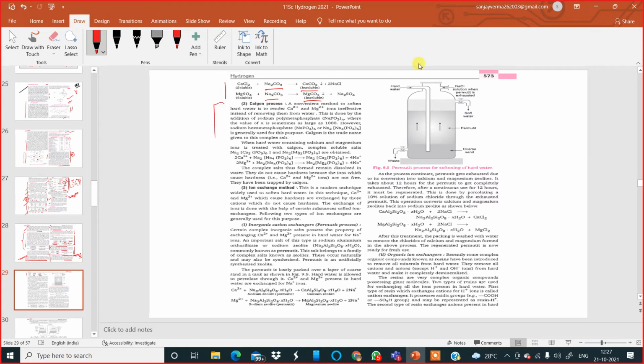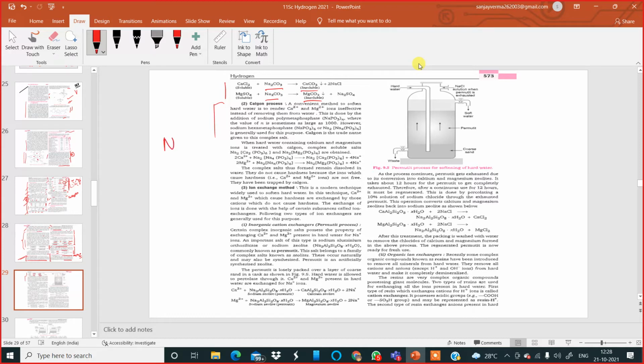The next method is called the Calgon process, quite an interesting process. This is a convenient method to soften hard water, which is to render calcium and magnesium ions ineffective instead of removing them from water. This is done by addition of a salt over here: sodium polymetaphosphate. Remember the formula.